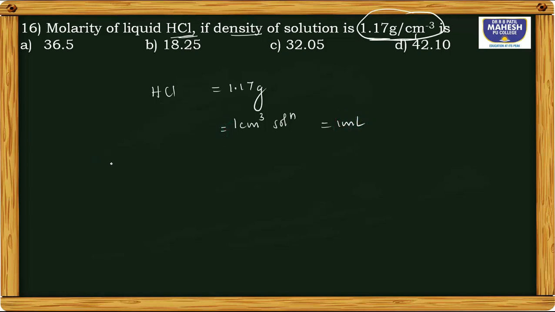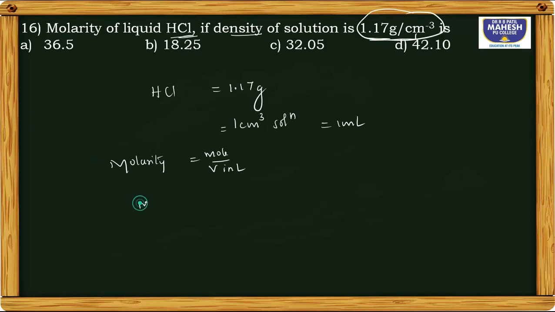To calculate molarity, what is required, students? Molarity is equal to moles of solute divided by volume in liter. They have given mass, so we have to convert that into mole. They have given 1 cm cube of solution, so we have to convert that once again to liter.